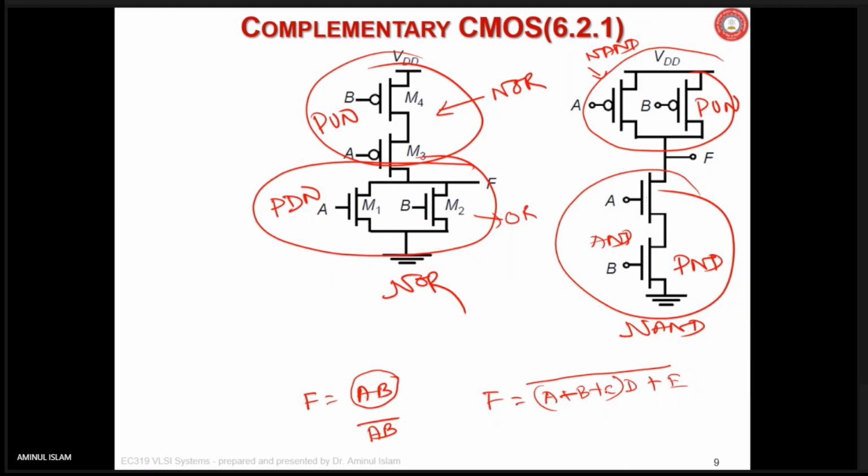So what I see here is that A, B, C transistors are in parallel, right? And D is in series with that.